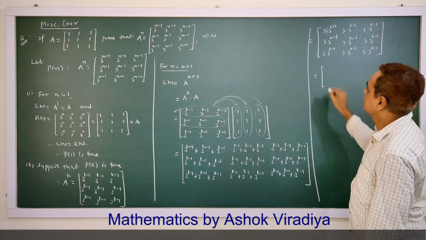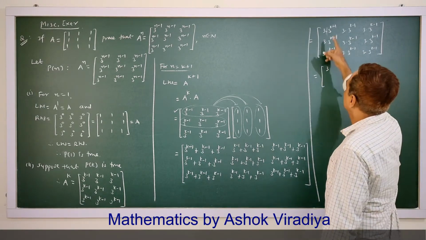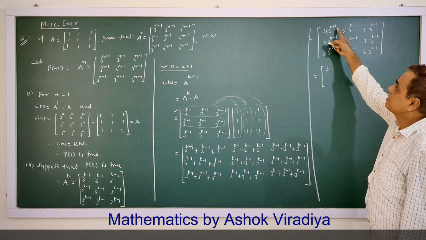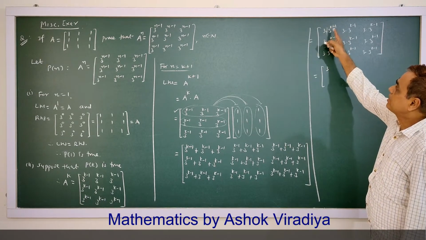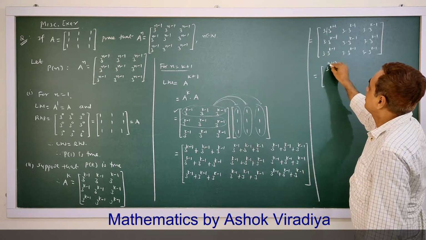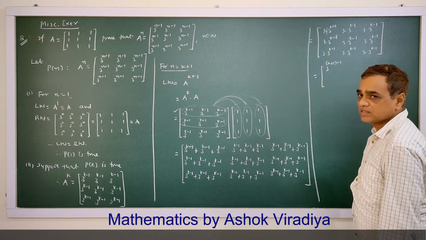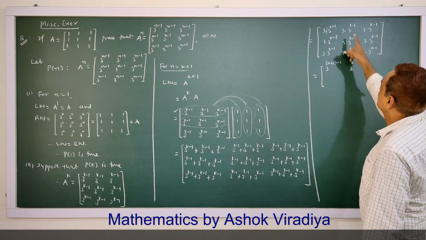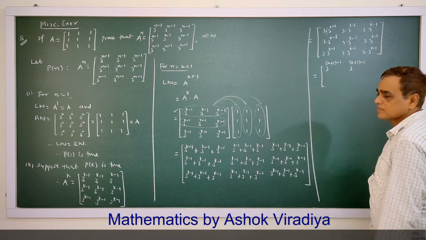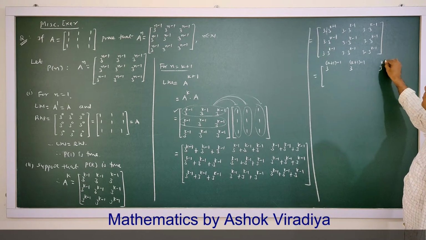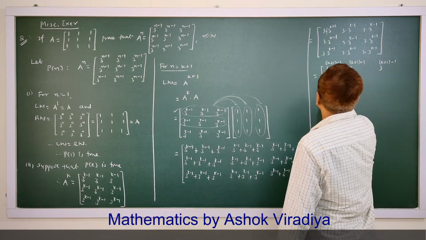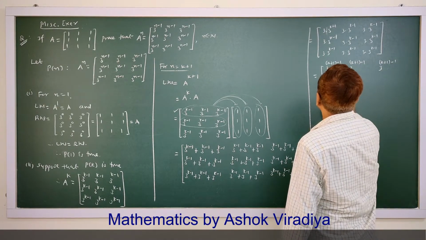So this is 3 raised to 1 into 3 raised to k minus 1. Adding these indices, because the bases are the same, it will be 3 raised to k plus 1 minus 1, in every entry.